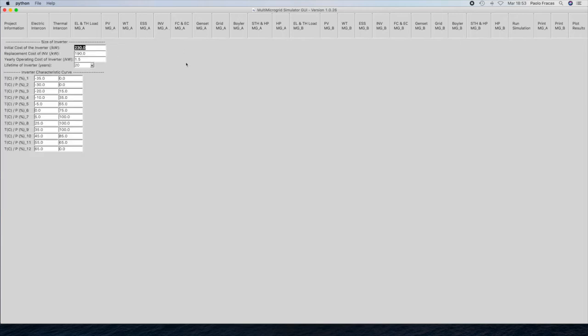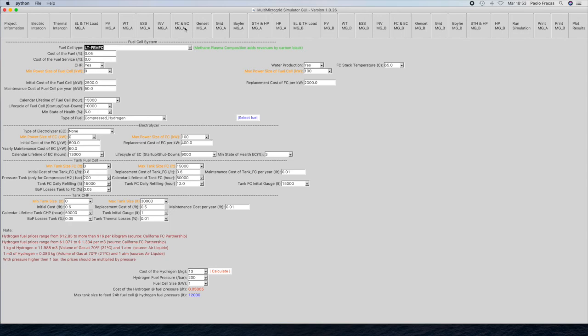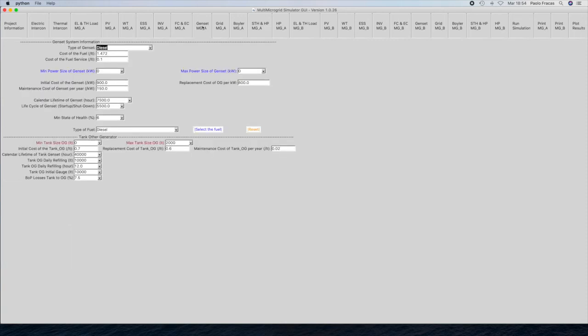For the inverters, similar information, and then we move to distributed generator. We can set up a type of fuel cell if we produce water and heating as a byproduct, and the type of electrolyzer with associated tank for the fuels and for the heating water. For the traditional generators, we can set up different types of generators and the fuels.